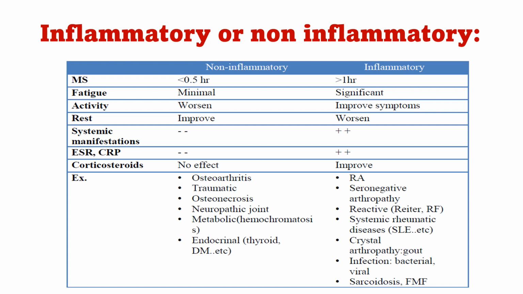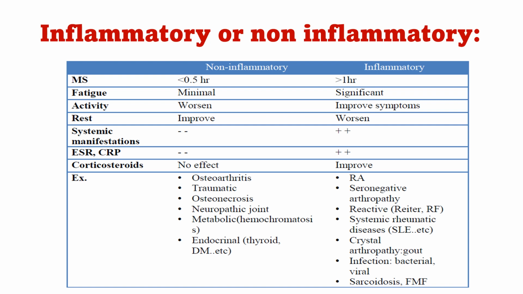Also, systemic manifestations like fatigue, fever, weight loss, and lymphadenopathy are more common with inflammatory arthritis. However, we cannot see this with non-inflammatory joint involvement. Also, the patient with inflammatory arthritis will have morning stiffness, and early in the morning he has maximum pain and all his joints are stiff.